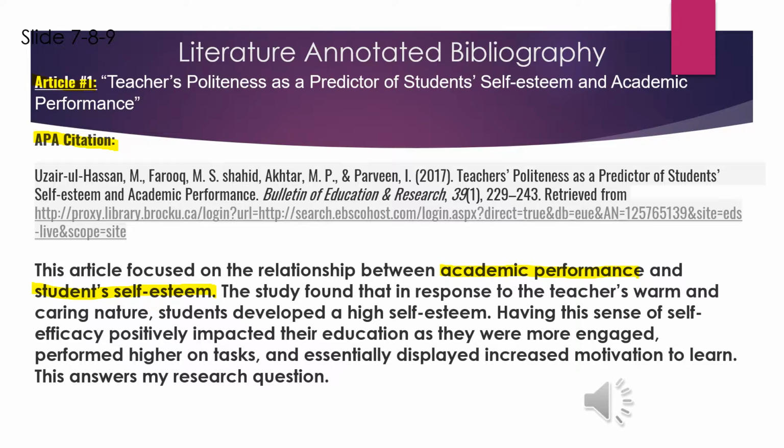The study found that in response to the teacher's warm and caring nature, students developed a high self-esteem. Having this sense of self-efficacy positively impacted their education as they were more engaged, performed higher on tasks, and essentially displayed increased motivation to learn. This answers my research question.